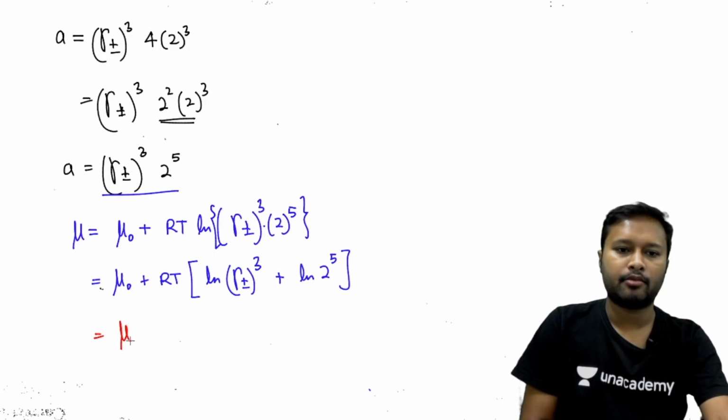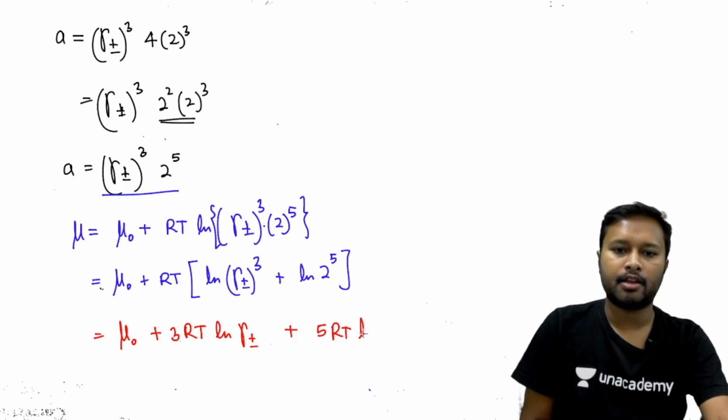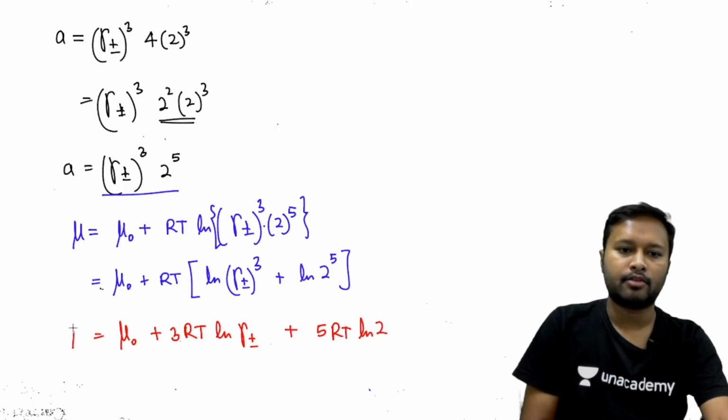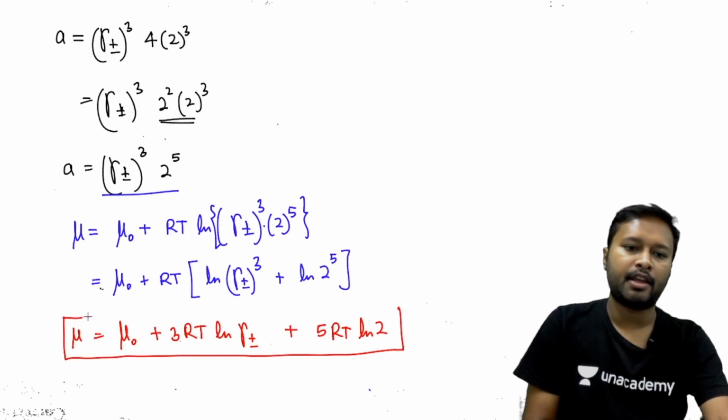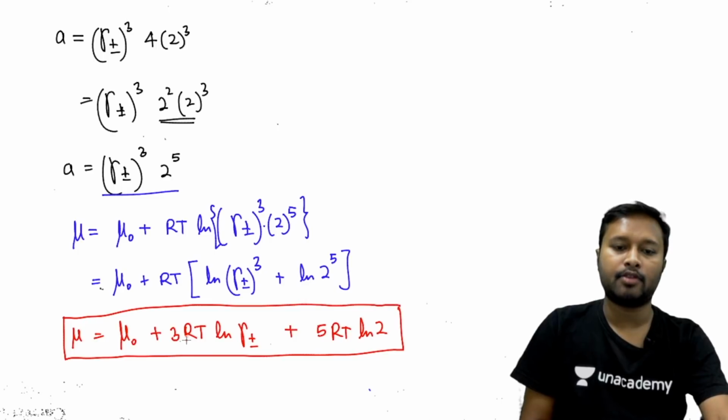I can write down mu naught plus RT, and this 3 will be taken outside. So it will become 3 RT ln gamma plus minus, and plus this RT will multiply it by here also. So RT, and this 5 will come in front. So 5 RT ln 2. This is going to be your final chemical potential in terms of your activity coefficients.